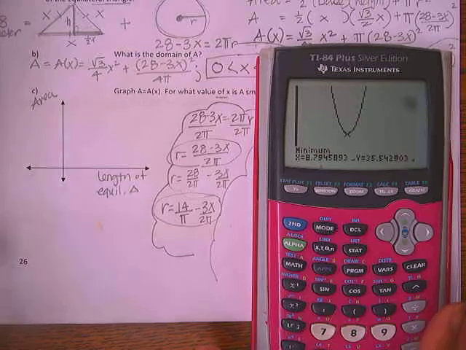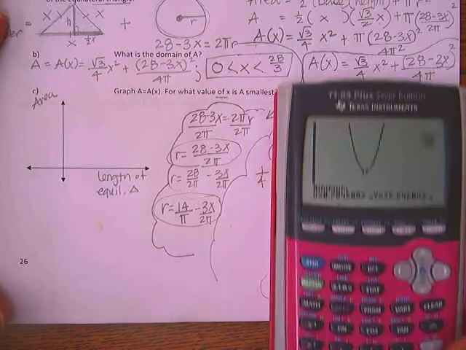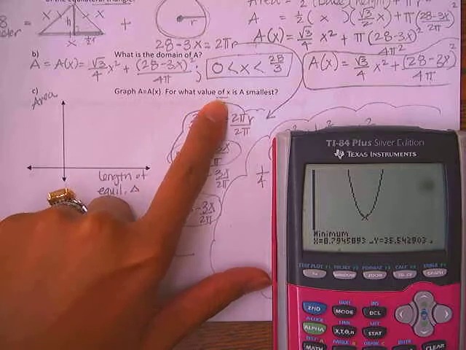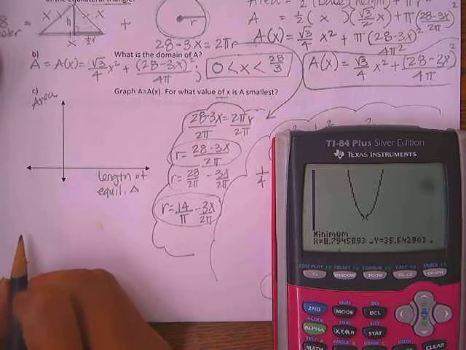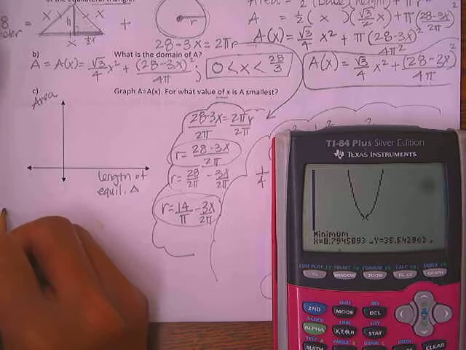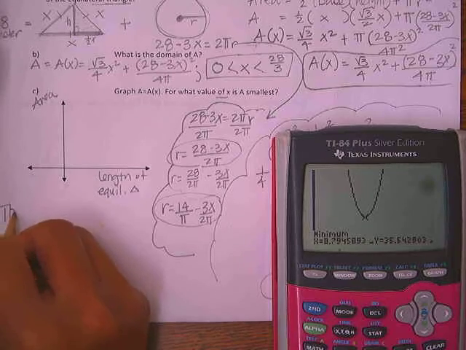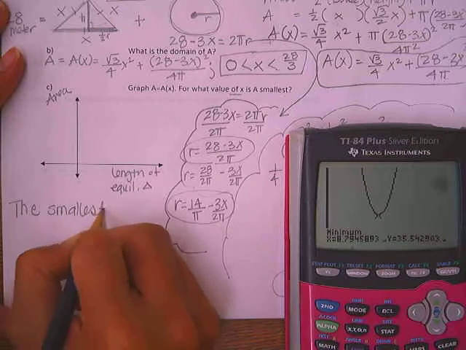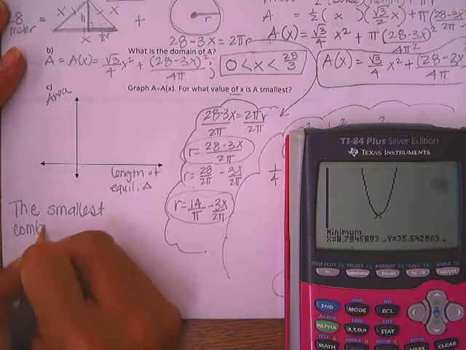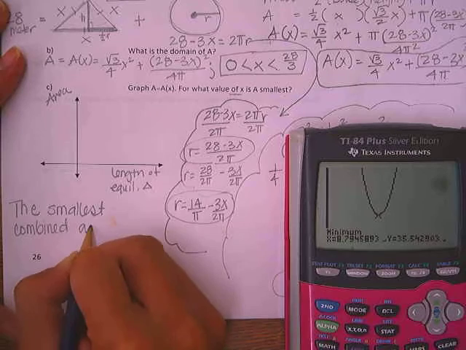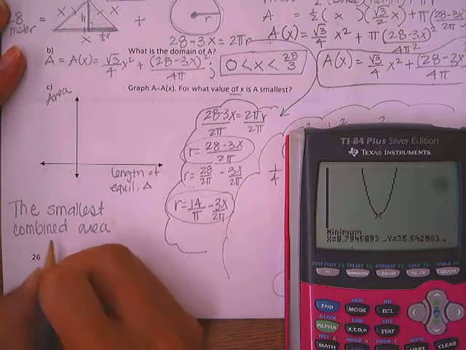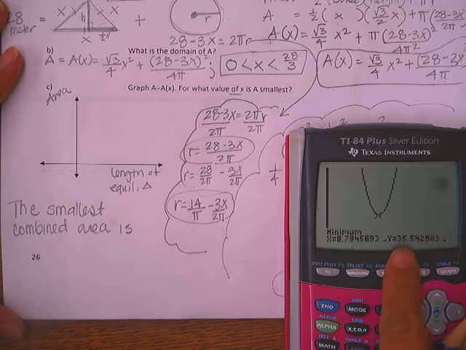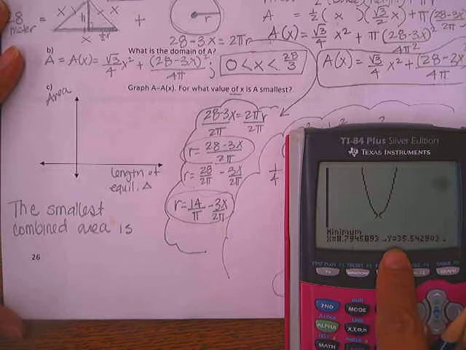So let's look at this really quickly. It says here, graph A of x, which is what we have. For what value of x is A smallest? So we're going to spell this out. The smallest combined area is, this represents the area here. As a rule of thumb, round to 2 decimal places.